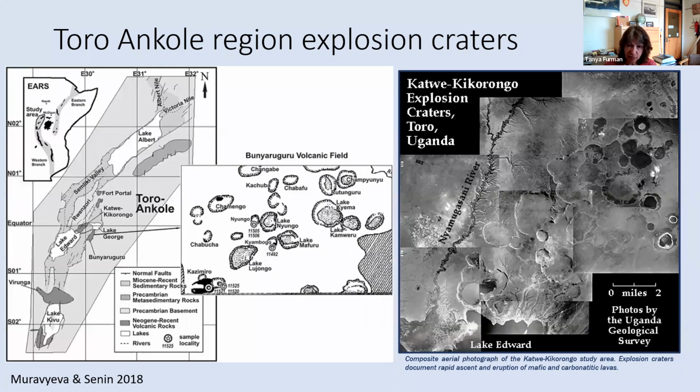We see it in the sketch map in the middle of the Bunyaruguru volcanic field, and we see it beautifully in the Katwe Kikarongo explosion craters composite aerial view on the right-hand side. And there are very few lavas that flow over the surface, because the whole region is full of explode this, explode that, single shots out of the ground that don't leave beautiful flowing lavas.